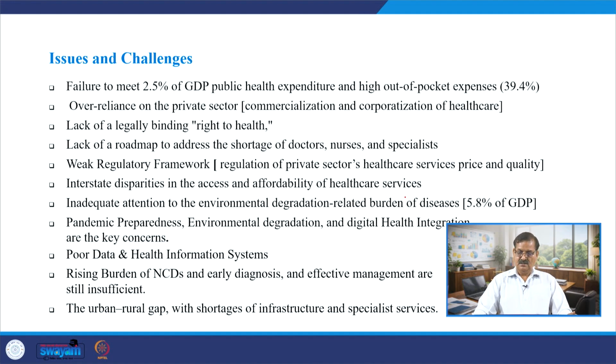So is the out-of-pocket expenditure, which is approximately 39.4% of the total expenditure of the household, or reliance on the private sector. So corporatization and commercialization of healthcare also created certain issues, because such private services are not affordable to the majority of people.